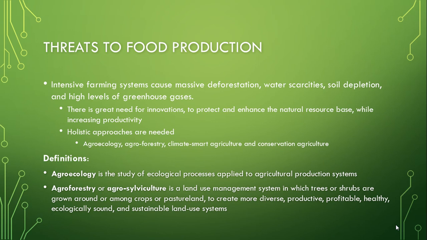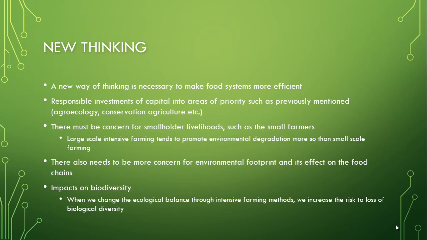For example, we're talking about things like mixed farming, where each type of activity that you engage in is contributing something positive to the environment, rather than depleting your environment and soils of various nutrients. So a new way of thinking is necessary to make our food systems more efficient and more sustainable.